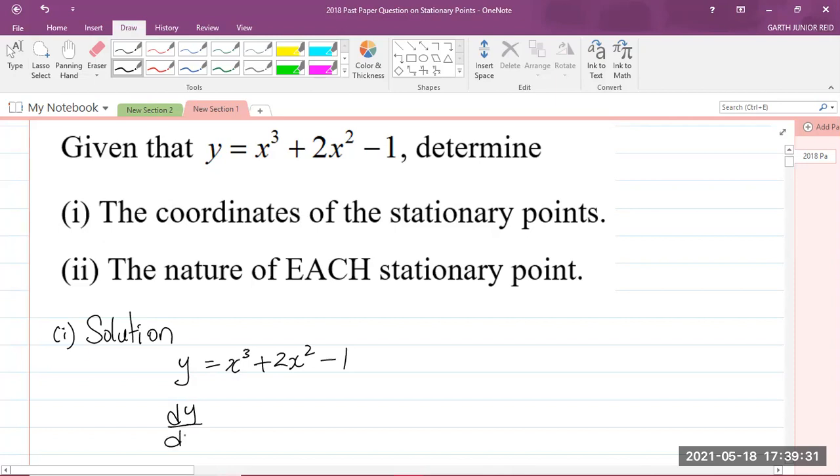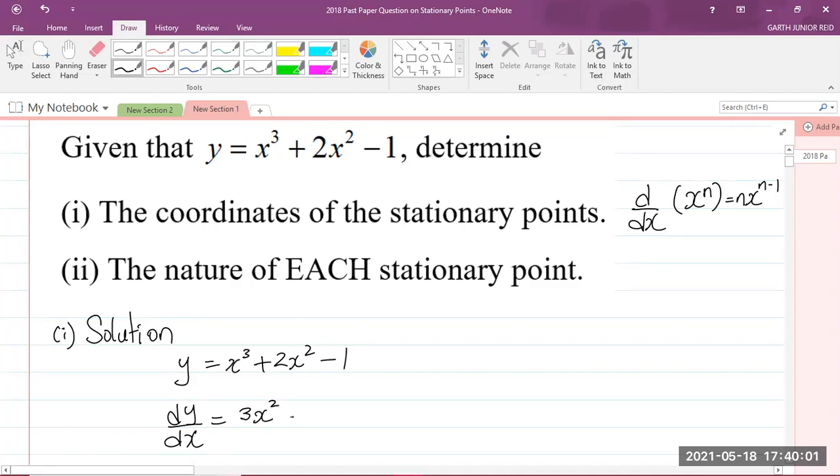So differentiating y with respect to x using the power rule, you should remember that d by dx of x to the power of n is equal to n times x to the power of n minus 1. So we carry down the power, 3, multiplied by x, and decrease the power by 1. So 3 minus 1 is going to be 2.